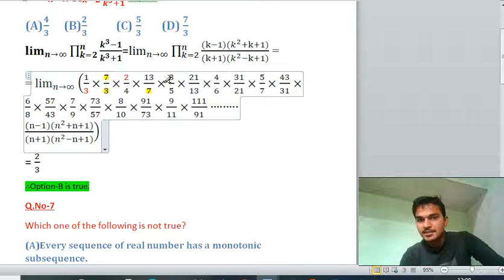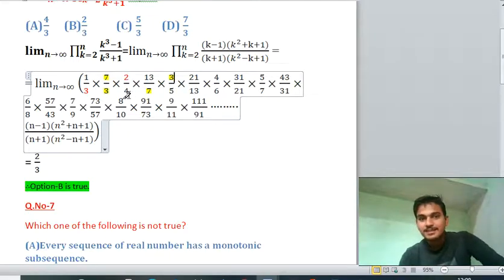After moving 3 steps, you will get 3 as numerator and 3 as denominator, so they are cancelled. Then there is 2. Here 2 is a numerator, and you cannot get 2 as a denominator anywhere, because all the denominators are greater than 2.